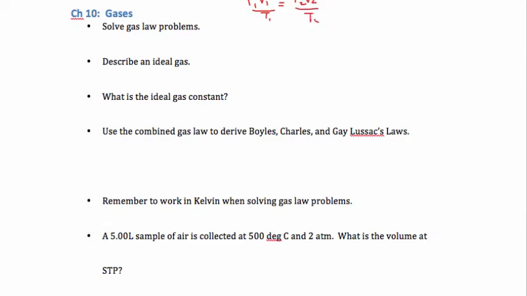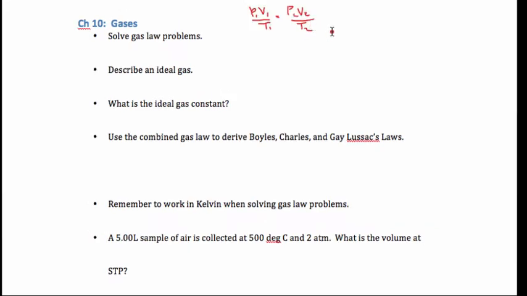Then the V1 and T1 would disappear, and then you would be left with Gay-Lussac's law relating temperature and pressure. And then finally, let's suppose pressure is held constant and the gas is allowed to expand or contract as needed. Pressure would go away and you would be left with Charles' law. So you only need to see the combined gas law to get all of the relationships that you need.